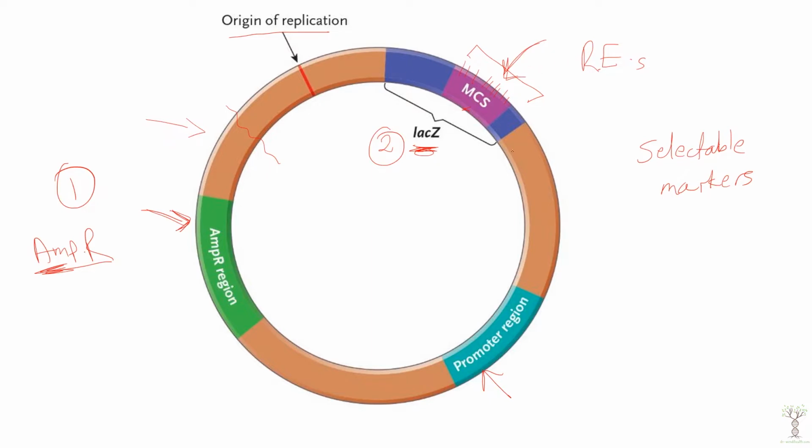So LAC-Z is a normal gene sequence that, when you feed the bacteria a substance called X-gal, which is kind of like a fake lactose, the bacterium thinks it's lactose, so it's going to want to transcribe one of its lactose genes. But if we feed it X-gal, this is actually an enzyme that will make the bacterial colony turn blue.